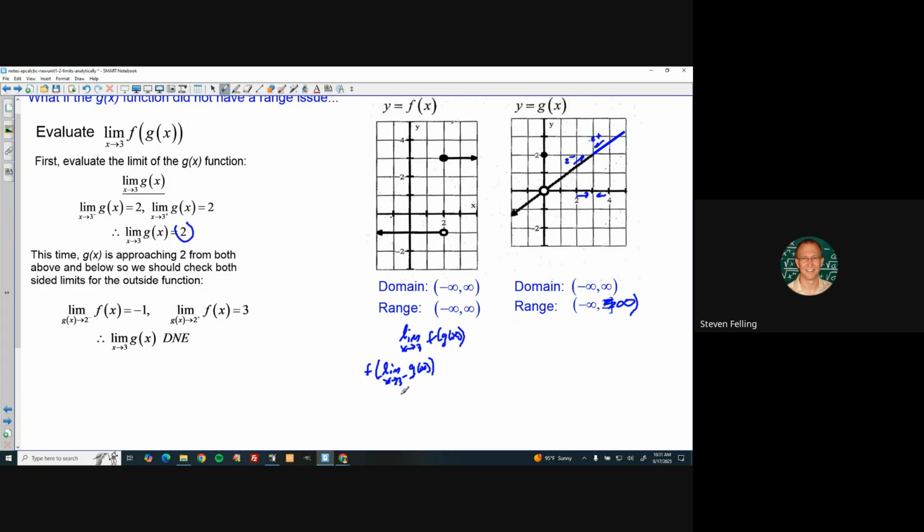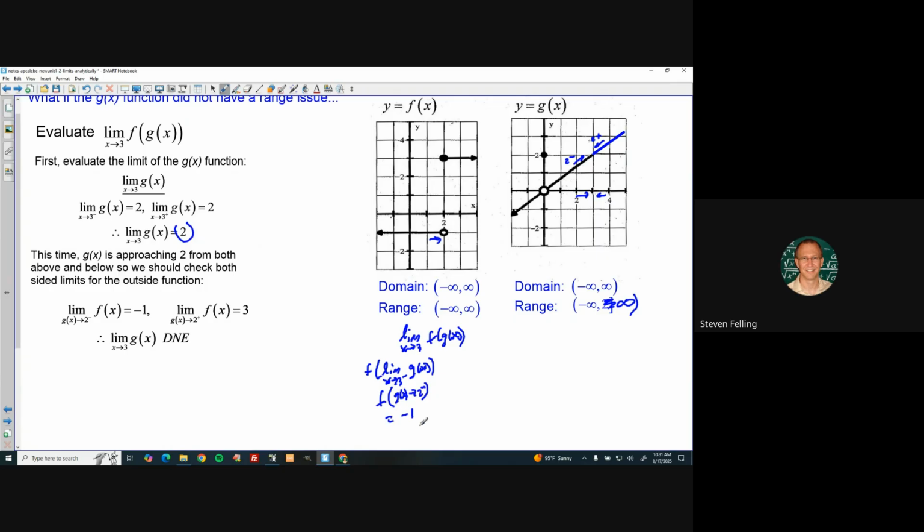So g of x is approaching 2 from the left. Okay? And then we're going to be plugging that into f. This is not an official notation. But in the f function, if we're approaching 2 from the left, that means that this left limit would be equal to -1.